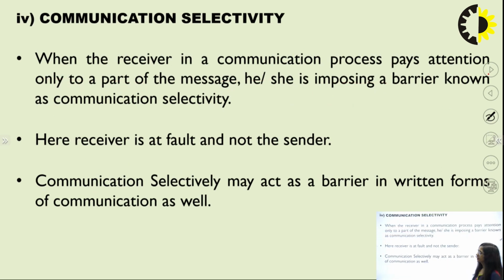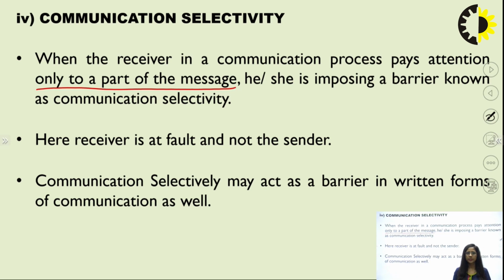Next is communication selectivity. When the receiver in a communication process pays attention only to a part of the message, he or she is imposing a barrier which is known as communication selectivity. This happens because he or she is interested in that part of the message which may be of use to him or her.